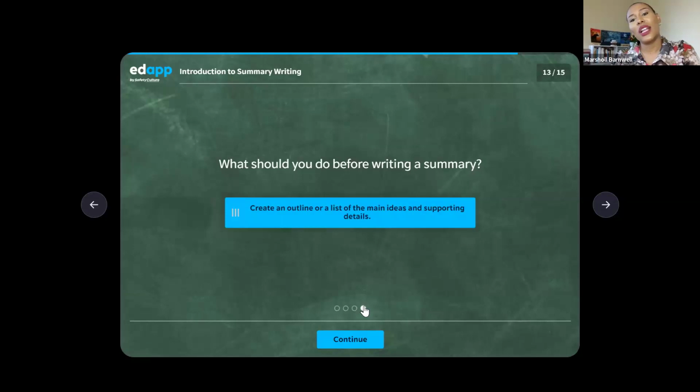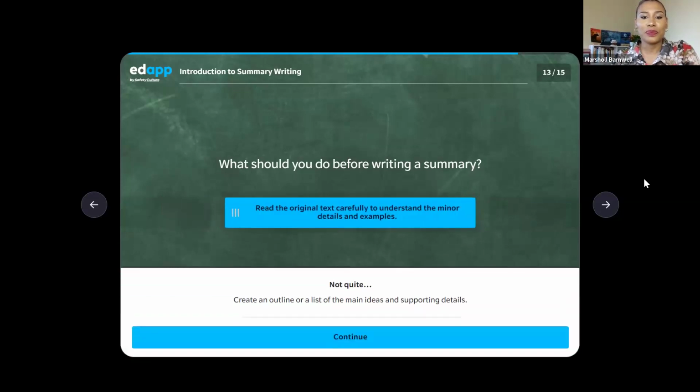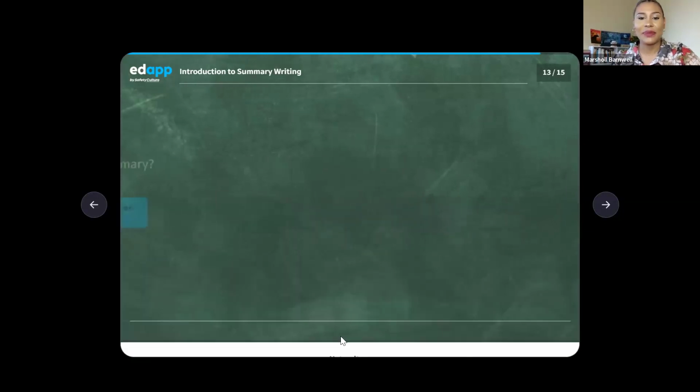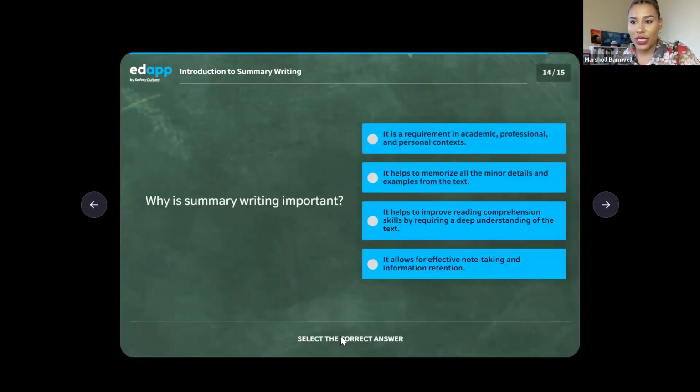Or create an outline or a list of the main ideas and supporting details. Now remember, I said before writing the summary. Okay? You're to create an outline or a list of the main ideas and supporting details. That's your annotating and your pre-writing.